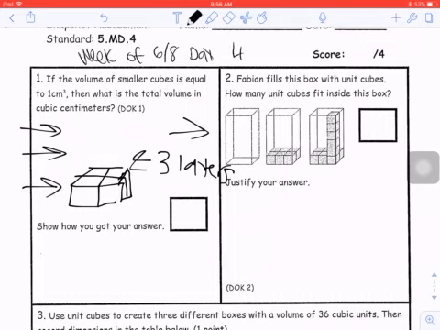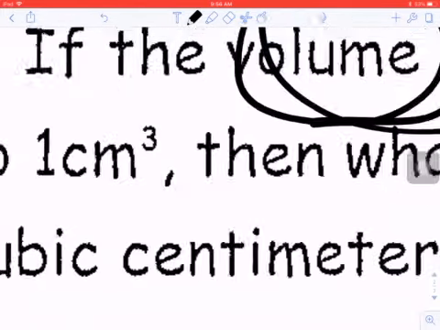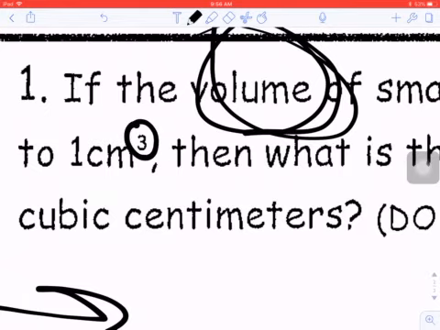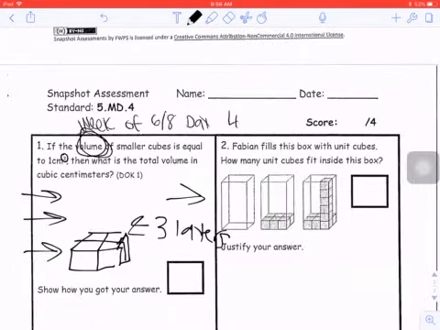When we're doing volume, it is length times width times height, all right? So this lesson is all focused on volume. I also really want to make it clear that when we're doing volume, we have our units cubed, okay? When we're doing area, area equals whatever your unit is.